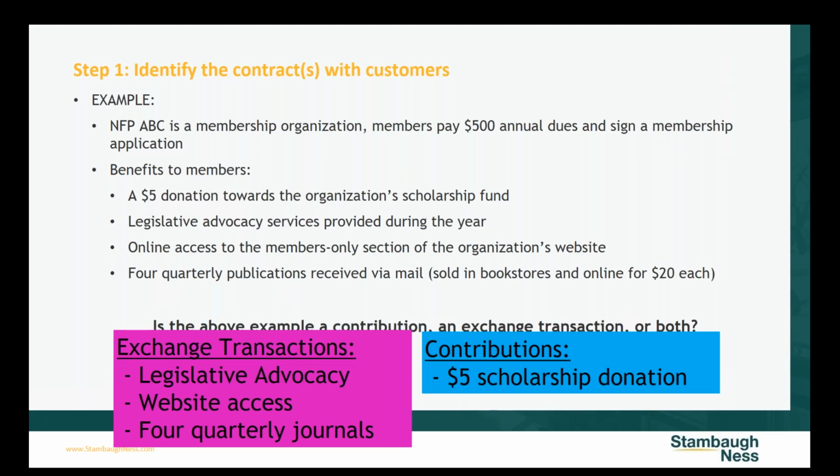There's nothing being received by the member. There's no reciprocal receipt or exchange or transaction. So that truly is a $5 contribution. The rest of the items, the legislative advocacy, the website access, and the 4 quarterly journals are all exchange transactions, because those are benefits that the member is receiving in exchange for that $500 annual dues.